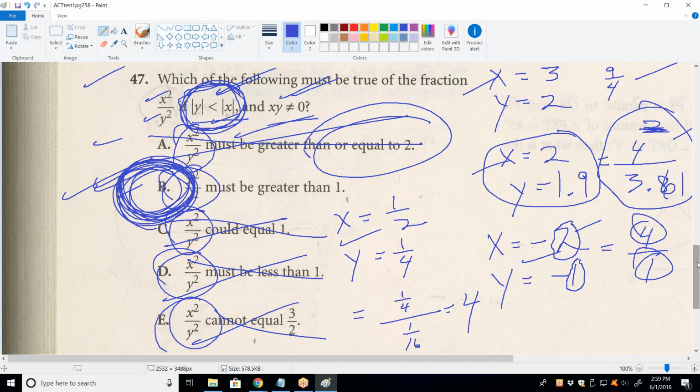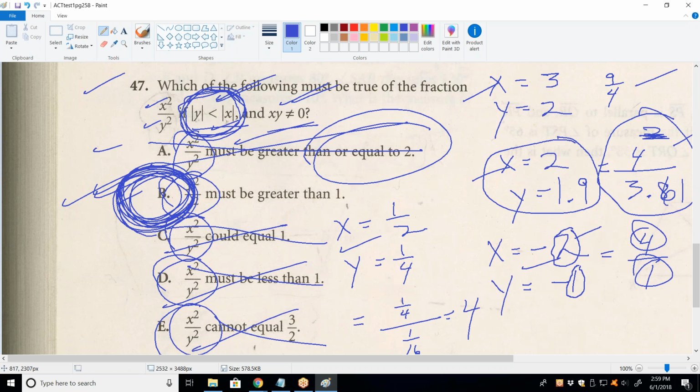This problem 47, incidentally, is fairly tough to do algebraically. I'm not even sure I would know where to start. It smacks of picking numbers. And like I said, what you want to look for is variables in your question and your answers, which means you can make that variable anything you want, which means you're talking about picking numbers.